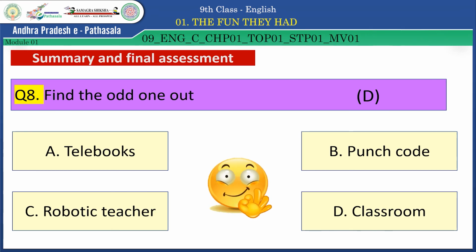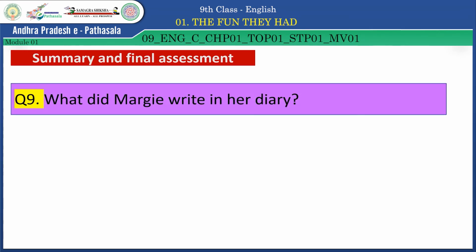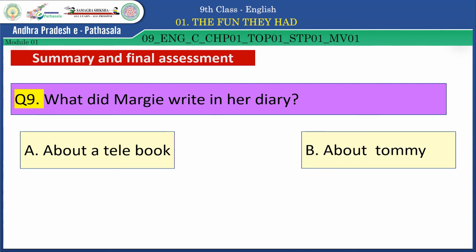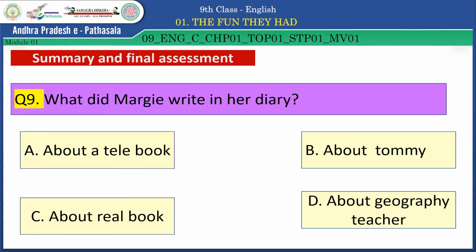Shall we look into another question? What did Maggie write in her diary? Is it about a telebook, or about Tommy, or about a real book, or about the geography teacher? Don't get confused and distracted. Pick out the right answer. Yes, you're right. The answer is C. She wrote about Tommy finding the real book and not about Tommy.